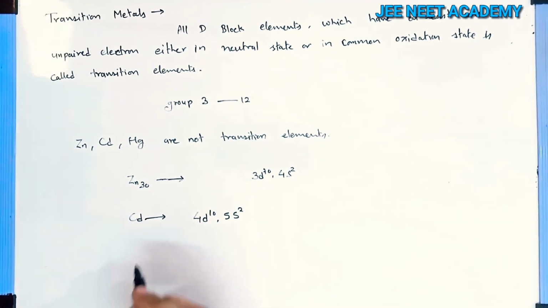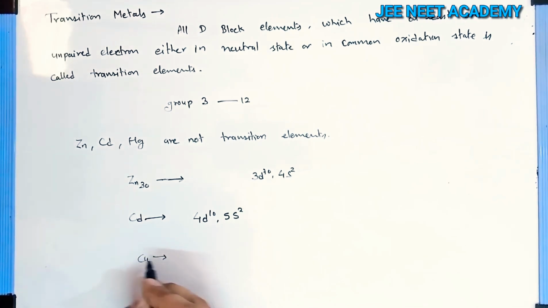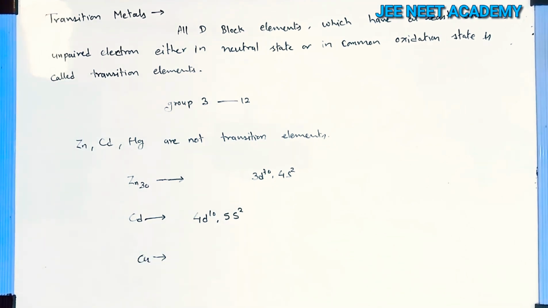But for copper, in a common oxidation state or in neutral state, there will be at least one unpaired electron. So copper is a transition element.